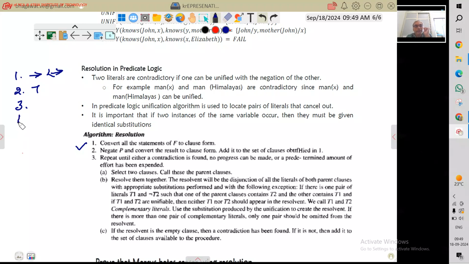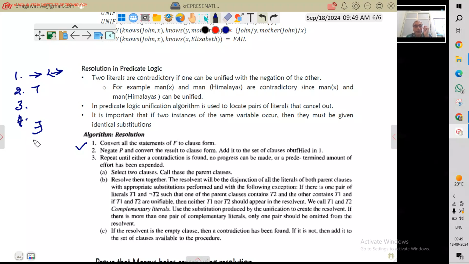The next step we discussed is that you are going to eliminate the existential quantifiers. So the fourth step is to move all the quantifiers to the left hand side, then remove existential quantifiers. If you have got any existential quantifier, you are going to remove it by a process called Skolemization.